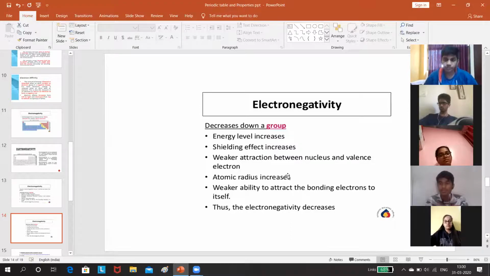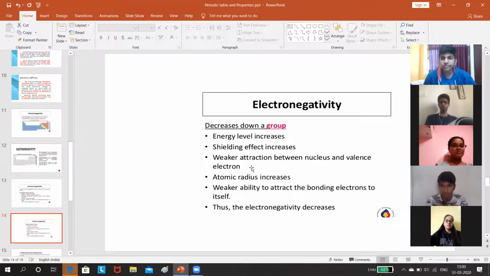If the distance is more, can the nucleus attract the electrons efficiently? No, the attraction will be less.